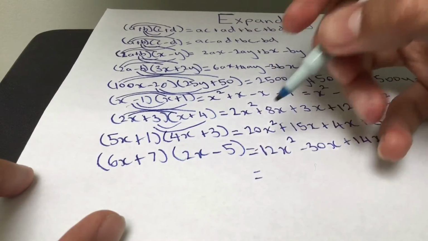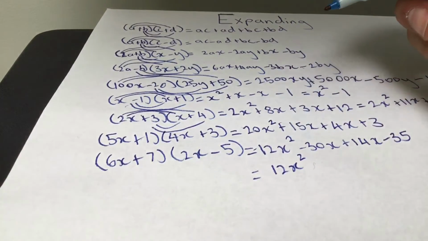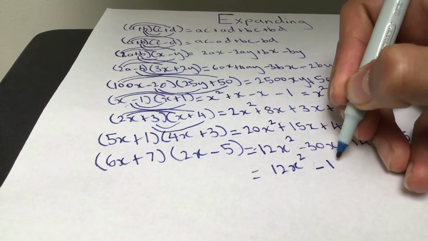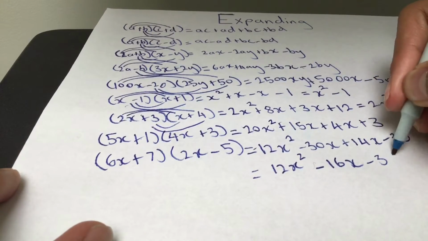So now next step is to bring the common terms together. In this case, minus 30x plus 14x gives us minus 16x, and then what's left would be minus 35.